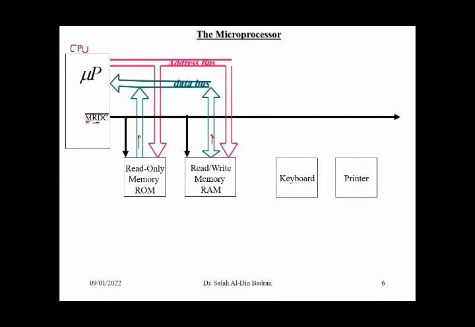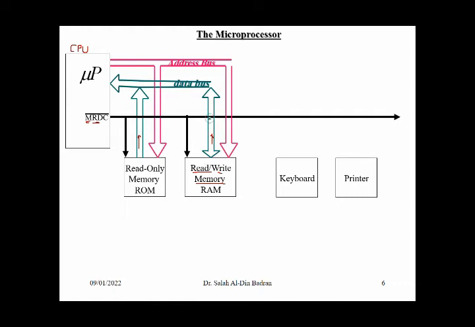The RAM can also, as we said in the previous slide, that the RAM read-write memory chip can not only read as ROM does, but also write. We can write on it. We can store data inside it. So we added this arrow to this chip.